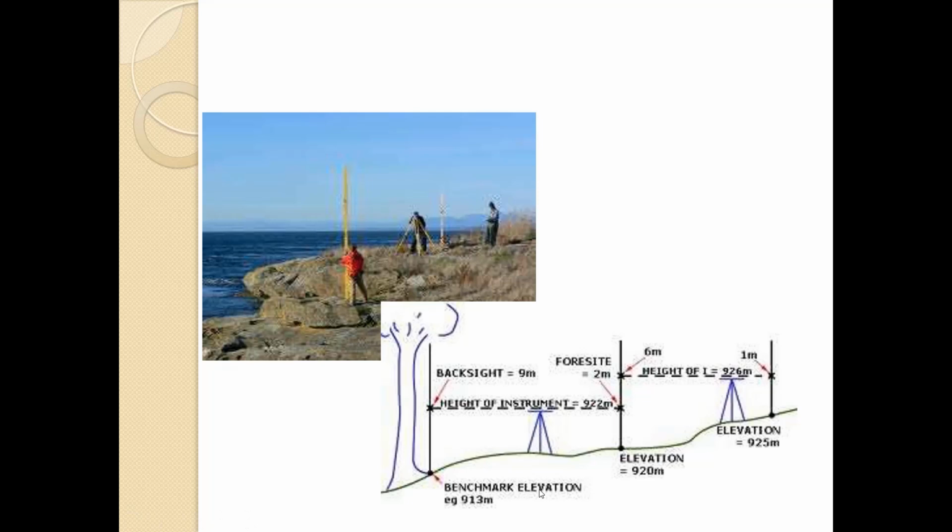Benchmarks are the points, you might have seen the benchmarks or RLs, that is reduced levels, on railway stations or particular places. Those benchmarks give the height of a particular point from the zero datum. For our country, that zero datum has been located in Karachi, because before independence we had the total united region, that is India, Pakistan, and Bangladesh.